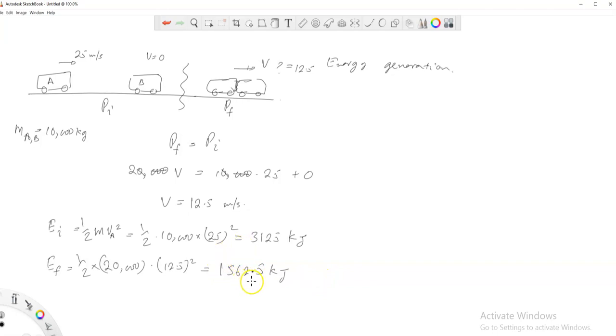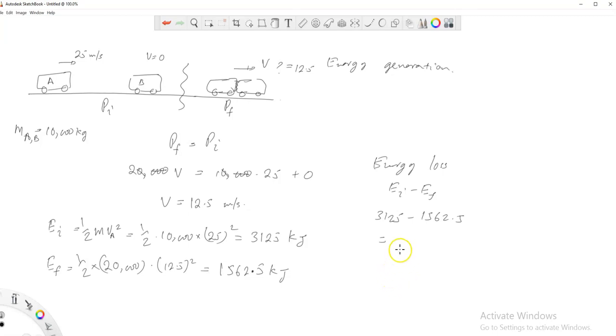Clearly a difference, almost like half of the energy has gone away, right? So the energy loss is E initial minus E final, 3125 minus 1562.5.